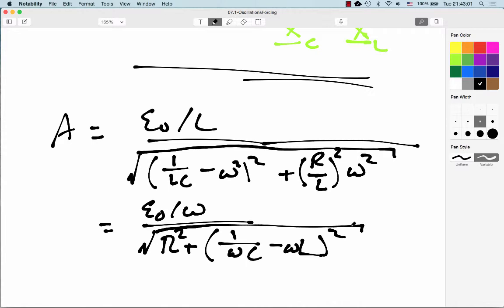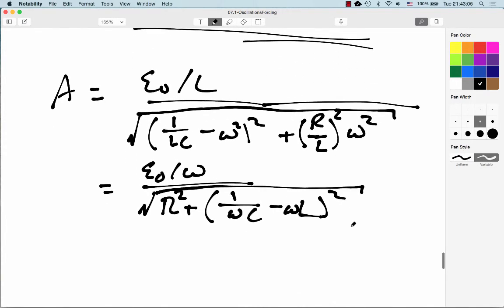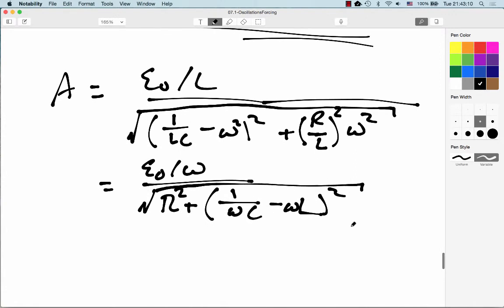So that's my amplitude. So then the charge is going to be the amplitude times the cosine of omega t minus phi.